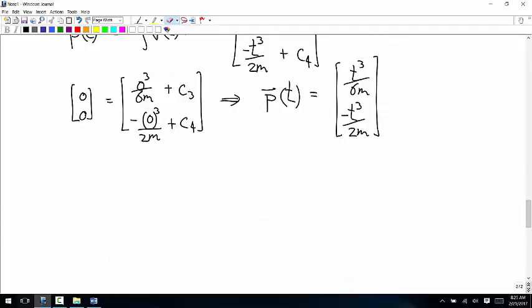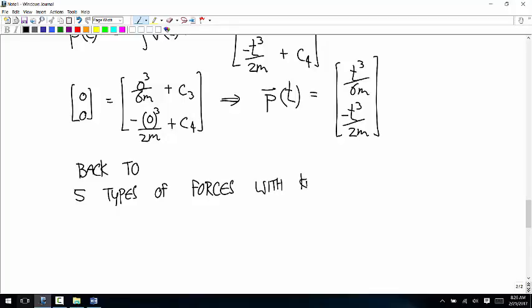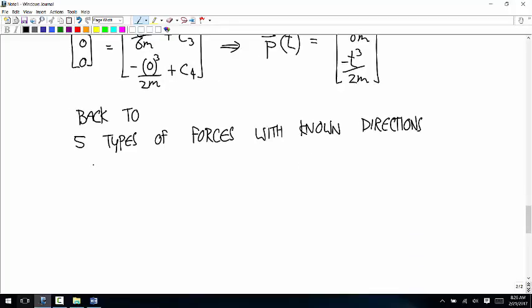So, back to the 5 types of forces with known directions. The first one is the weight. That's the easiest one. The second one is pushing contact.